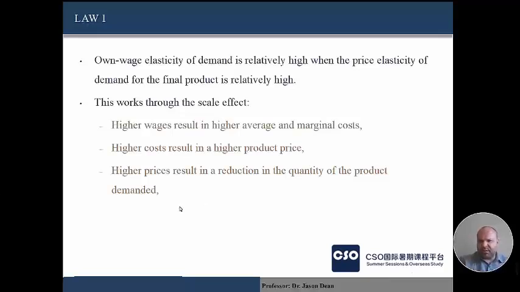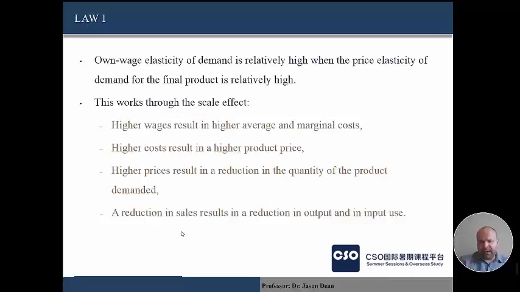This is key. If the demand for the product is elastic, then these higher prices are going to have a greater impact on how much consumers buy. If it's elastic, they're going to buy much less than if it was inelastic, and this reduction in sales is going to result in a reduction in output.